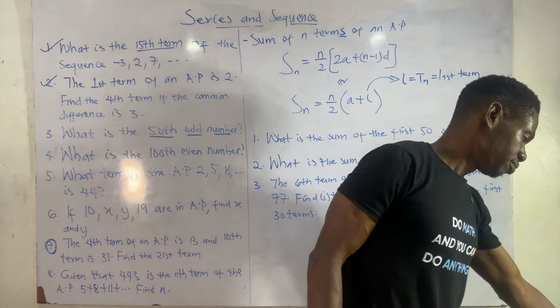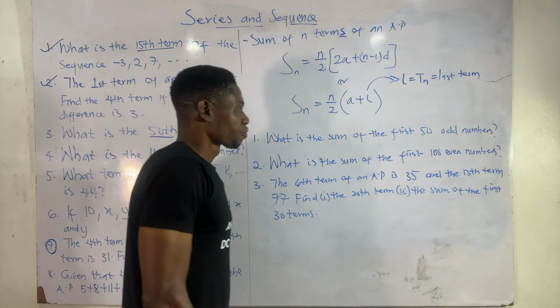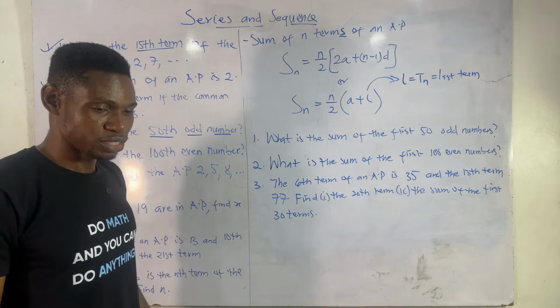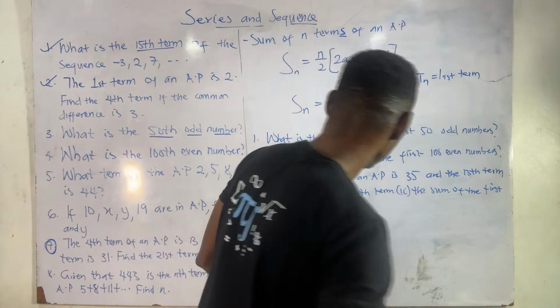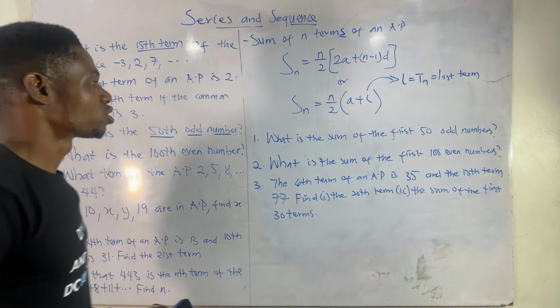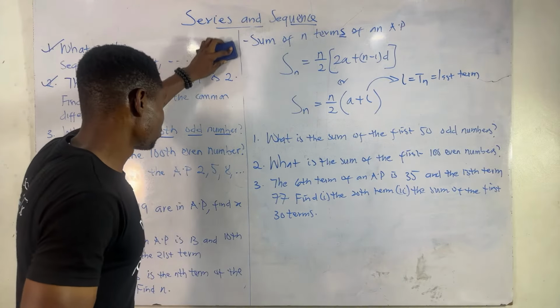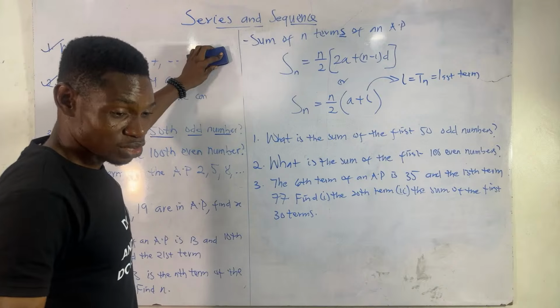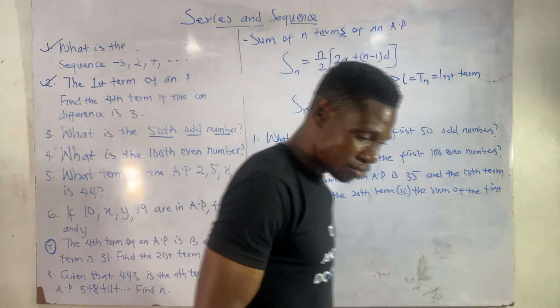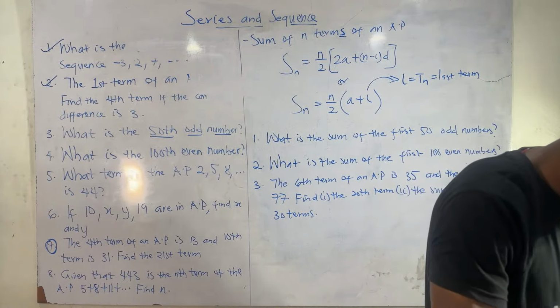Okay, so 3 questions. One says, what is the sum of the first 50 odd numbers? That's straightforward.